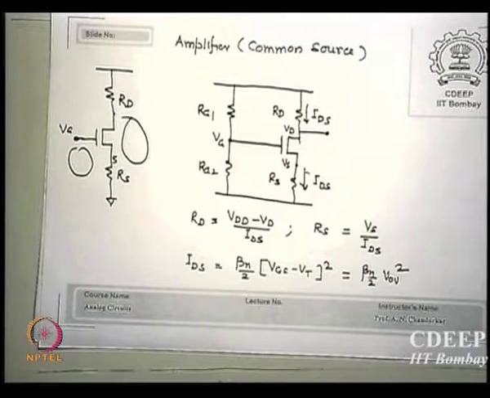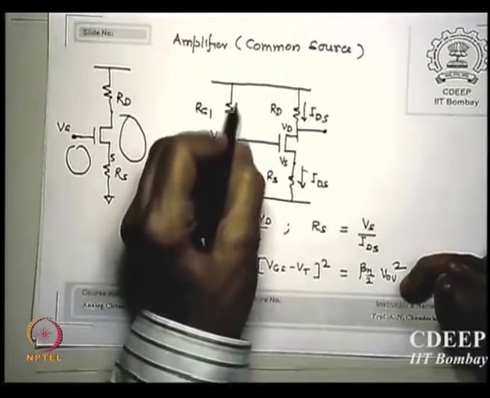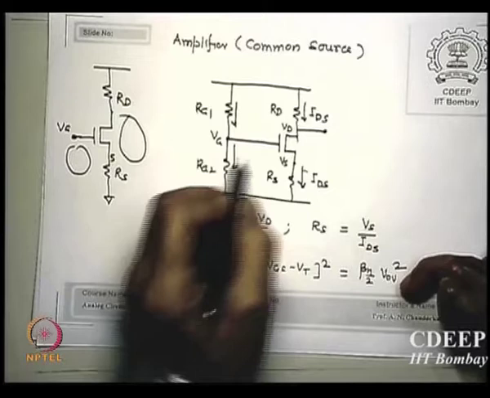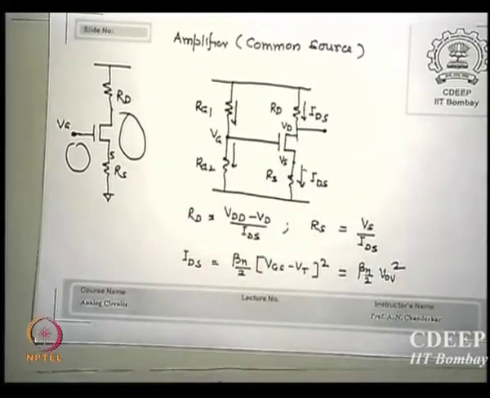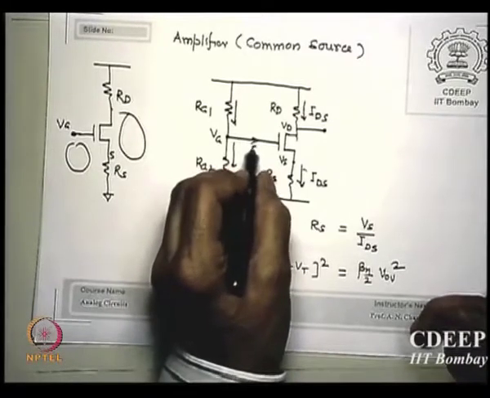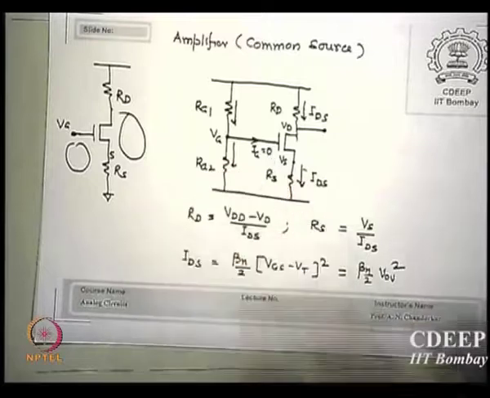As far as the maths is concerned, I do not see anything different from what we did. But what is the added advantage we got here? In the bipolar, there was this current and this current, and we also had this current IB. Is IG available to us here? No, because MOSFETs do not have DC gate currents.